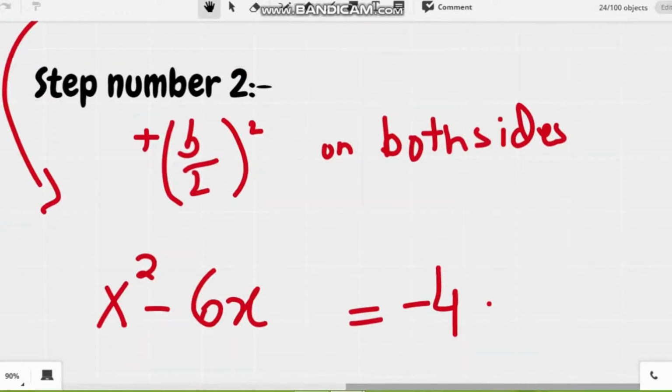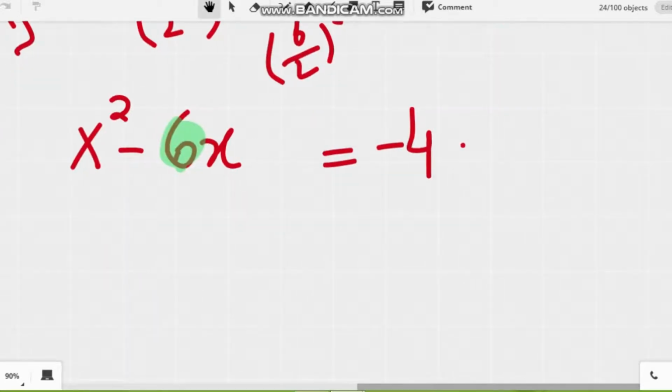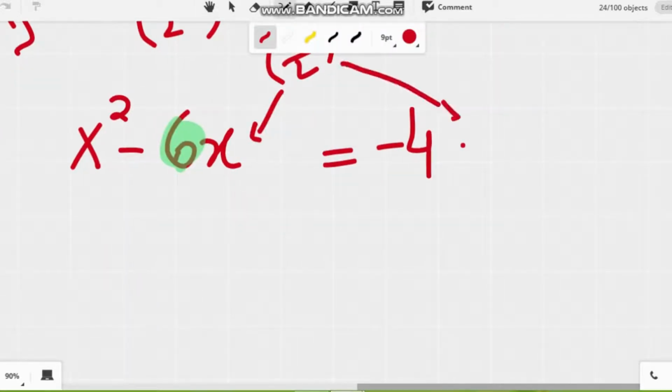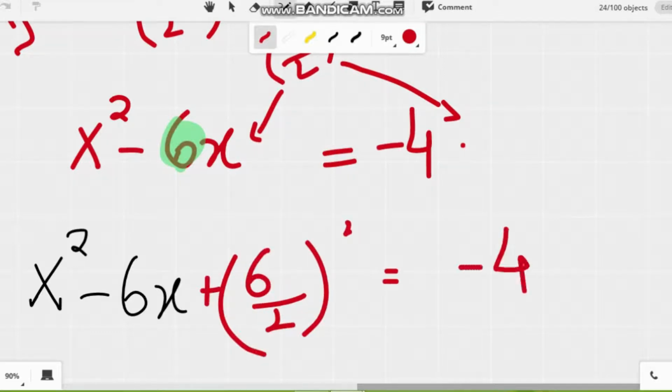Now what I will do, I know that the b value is 6. So b divided by 2, like 6 divided by 2 squared, I have to add basically. So I will add the 6 divided by 2 here on the right side too. I will write here x squared minus 6x plus (6 divided by 2) squared, equals negative 4 plus (6 divided by 2) squared.